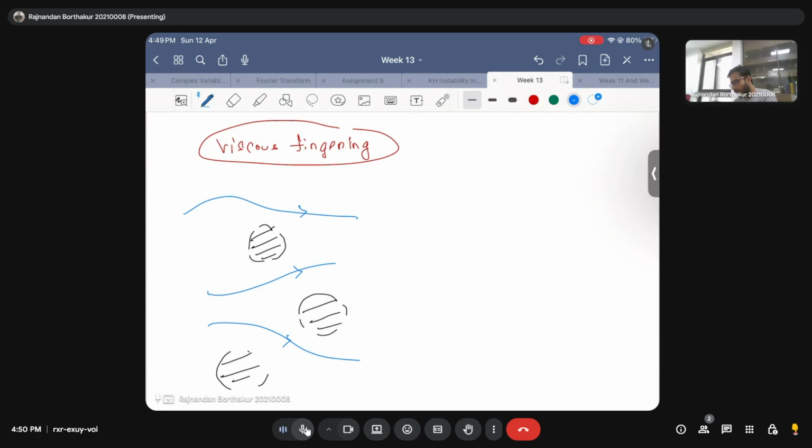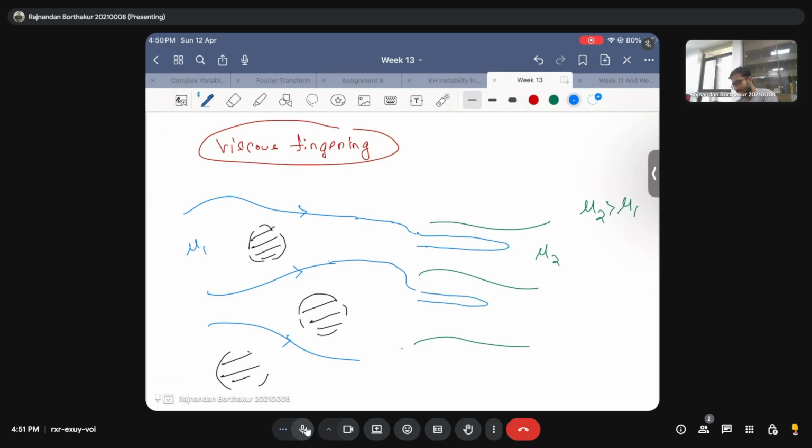Now it happens that in porous media, if a fluid with a lower viscosity, let's say mu1, tries to penetrate a fluid of viscosity mu2, where mu2 is greater than mu1, you see certain patterns like this. The fluid comes and sees a fluid with greater viscosity, and it tries to penetrate through the more viscous fluid, and you see patterns something like this.